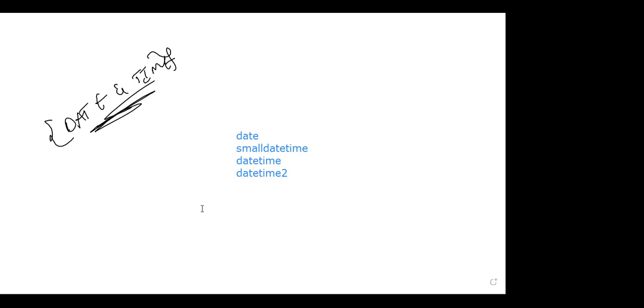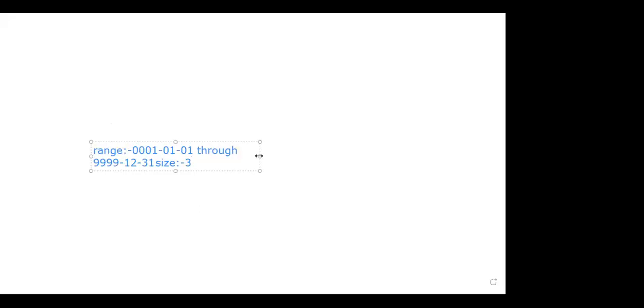Now give a side heading as date. Write down: date can store up to the range of this. You need not explain these things in the interview.